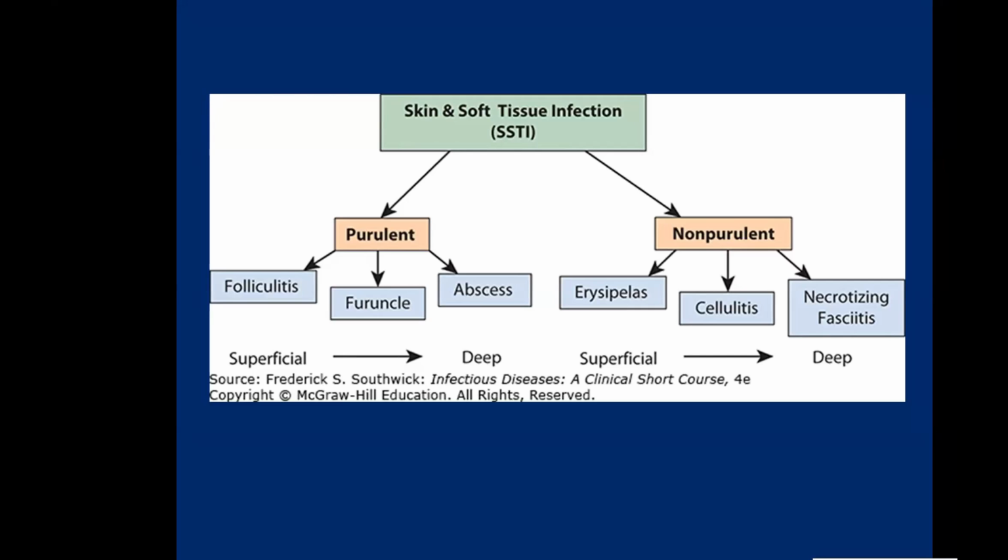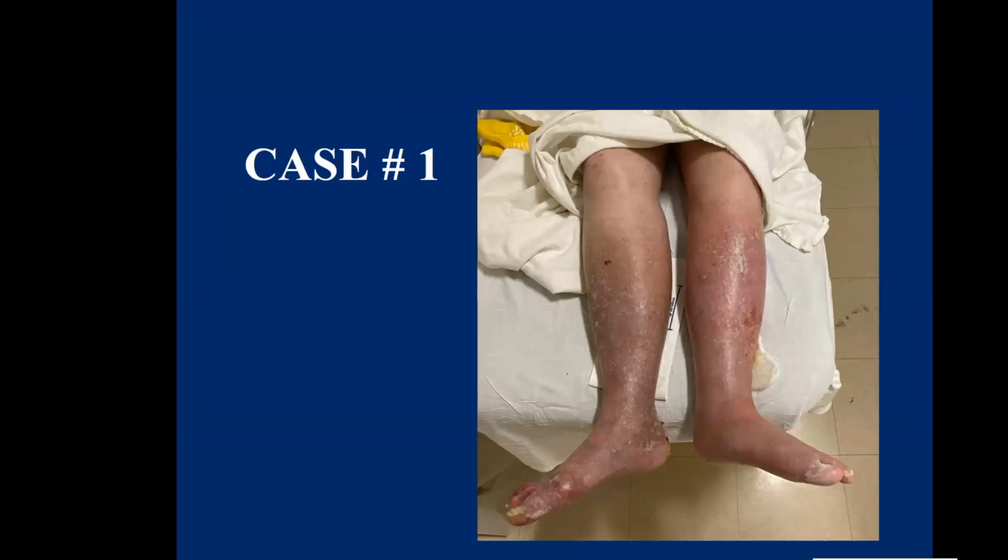This classification is helpful for many reasons. It helps us clinically to determine which bacteria is most likely causing the infection. It guides us on how to treat and how to assess the progress.